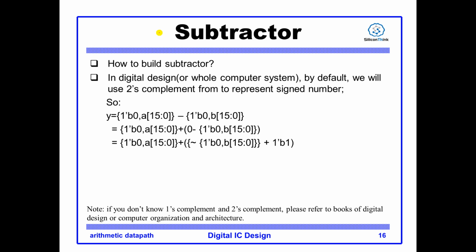So, adder. What about subtractor? How to build a subtractor? There is actually no subtractor in digital circuits. They all use adder. This is because in digital design, in a computer system, by default we use the 2's complement form to represent signed numbers.